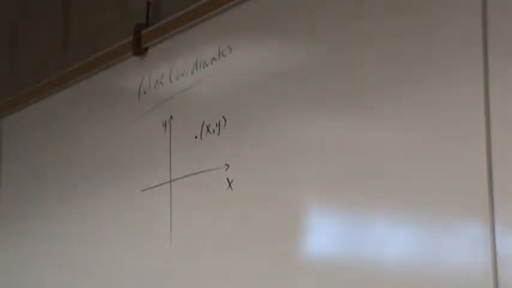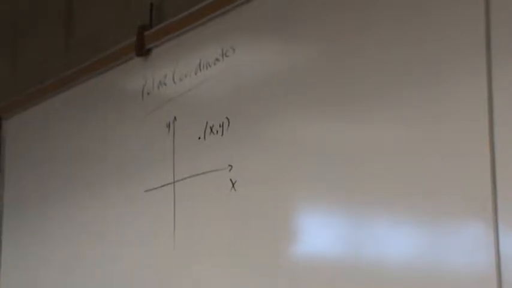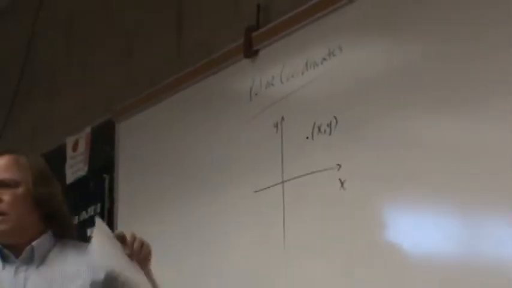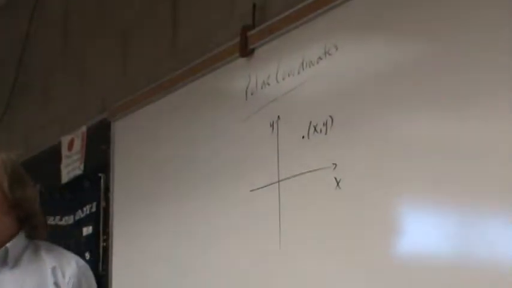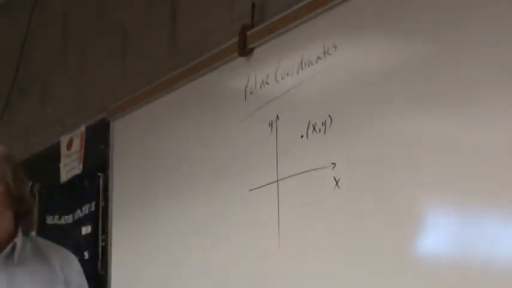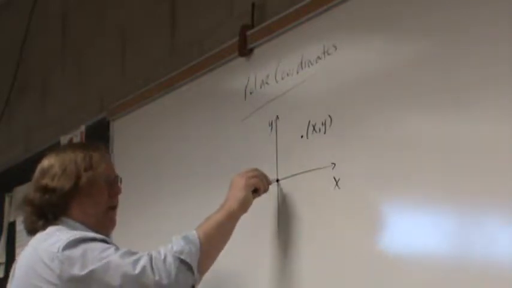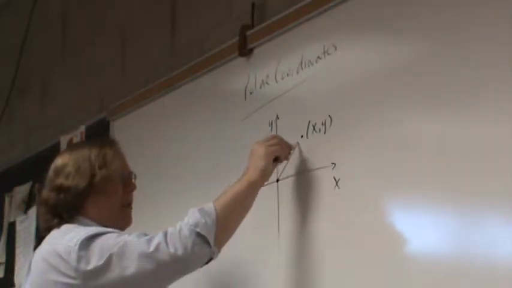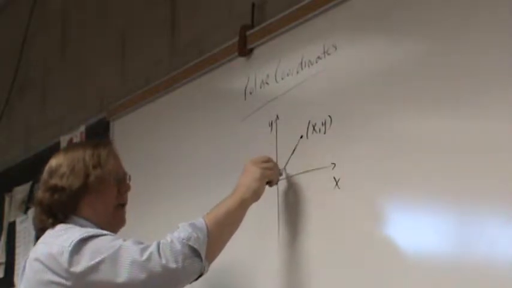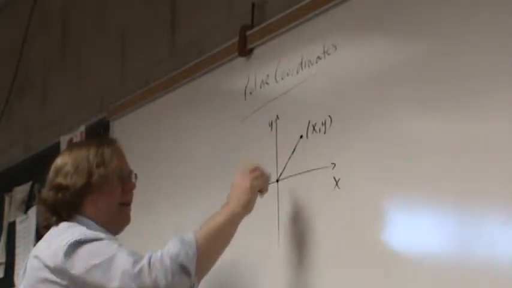Now with polar coordinates, we're going to find that point a different way. I'm going to draw a segment from the origin to that point.